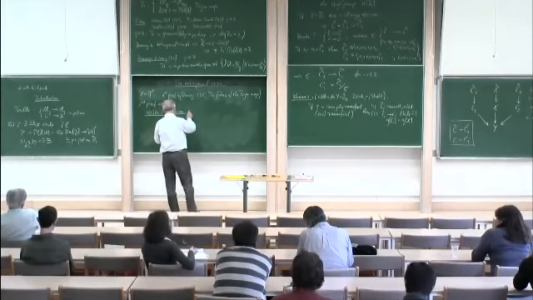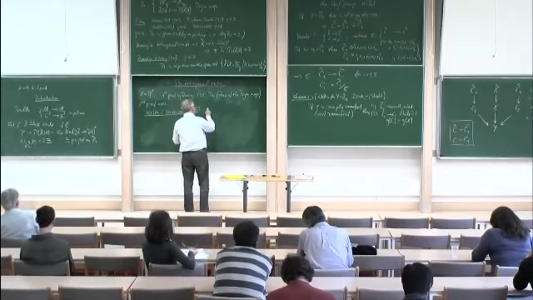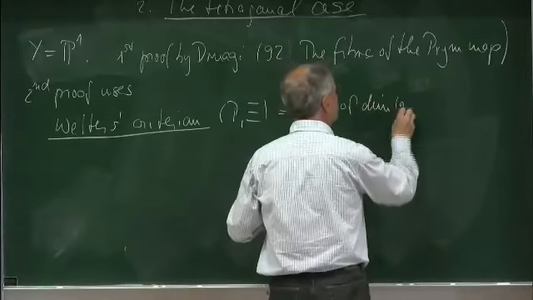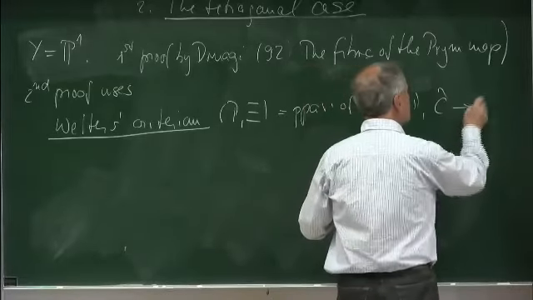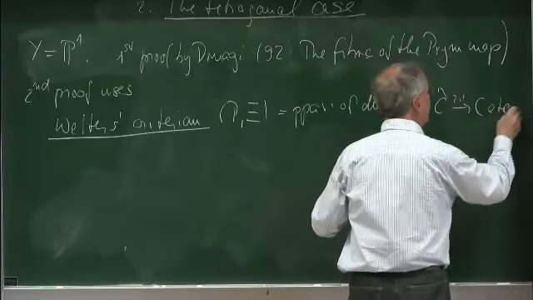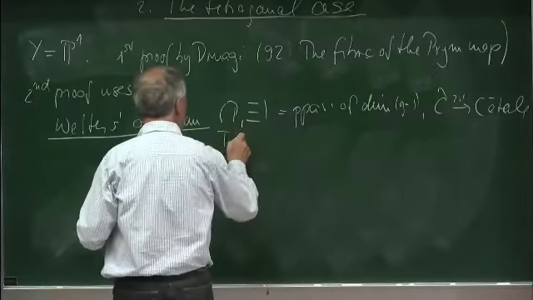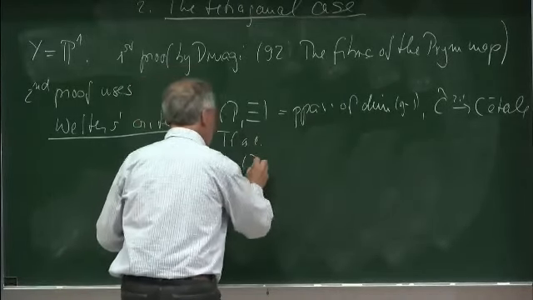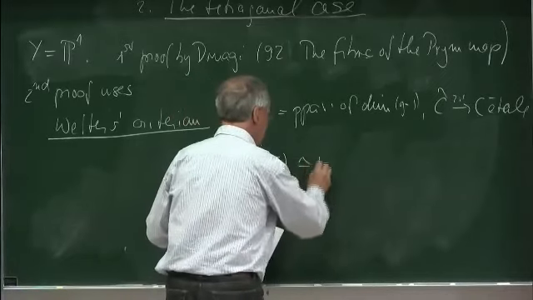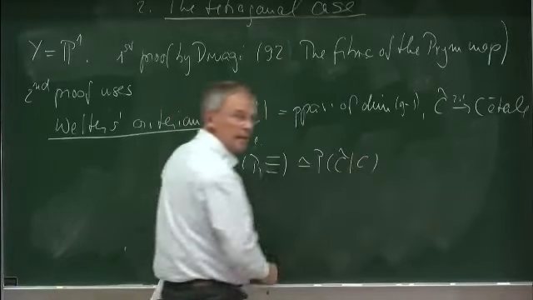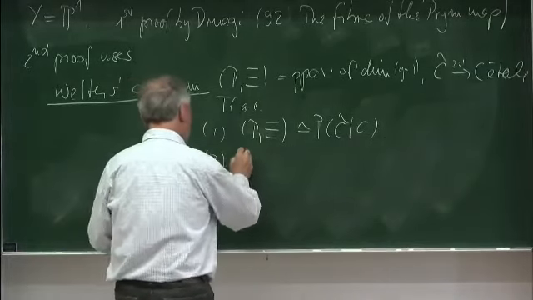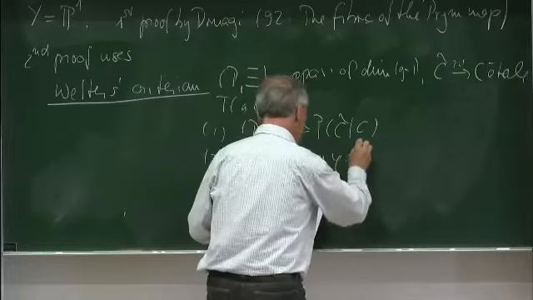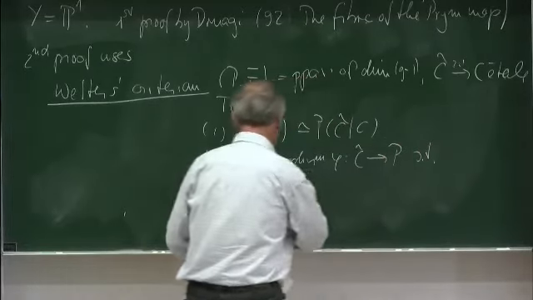It says the following. Let P be a principally polarized abelian variety of dimension g minus 1, and C tilde over C an étale 2 to 1 cover. The following conditions are equivalent. First, P is isomorphic to the Prym variety of C tilde over C, if and only if there exists a morphism phi of C tilde into P such that two conditions hold.